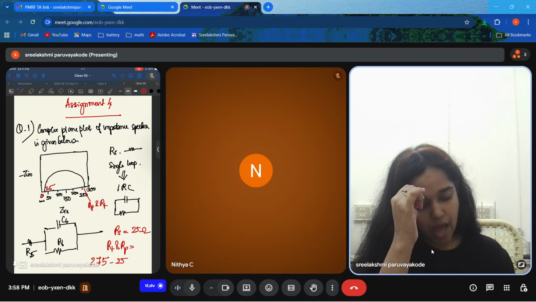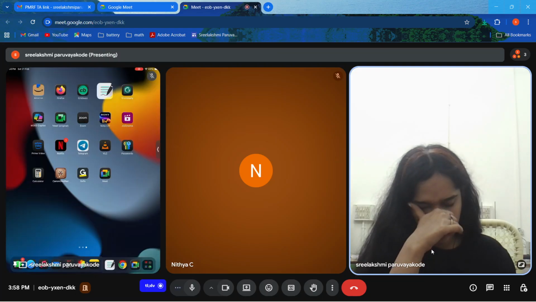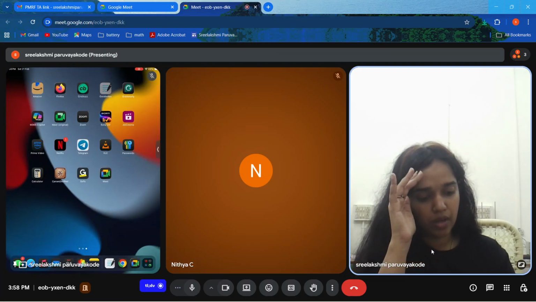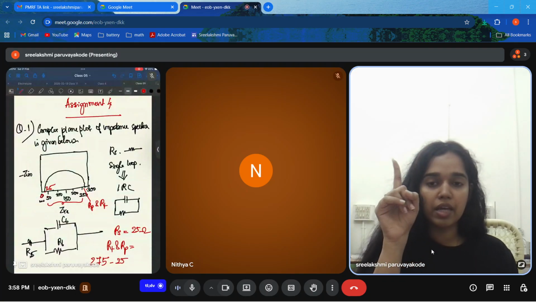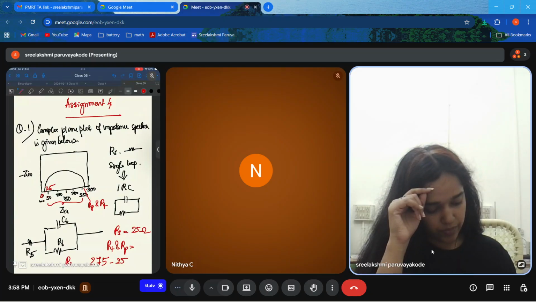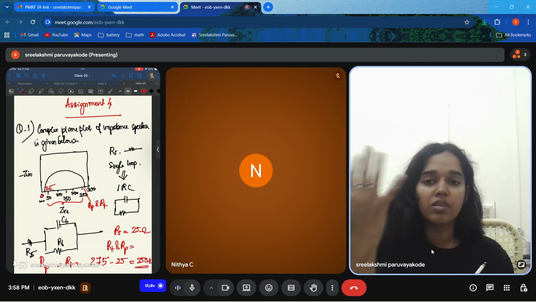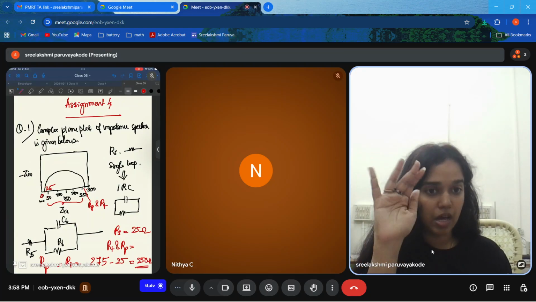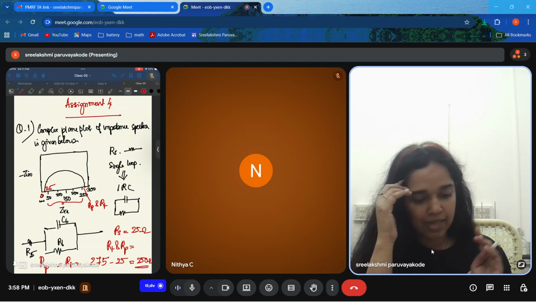So basically the RT or the RP value is nothing but this difference. Because it's a single loop, RT and RP value remains same, and that is 250 ohm. This is how, from the circuit, we try to understand what is RT and RP value. I hope this is clear.